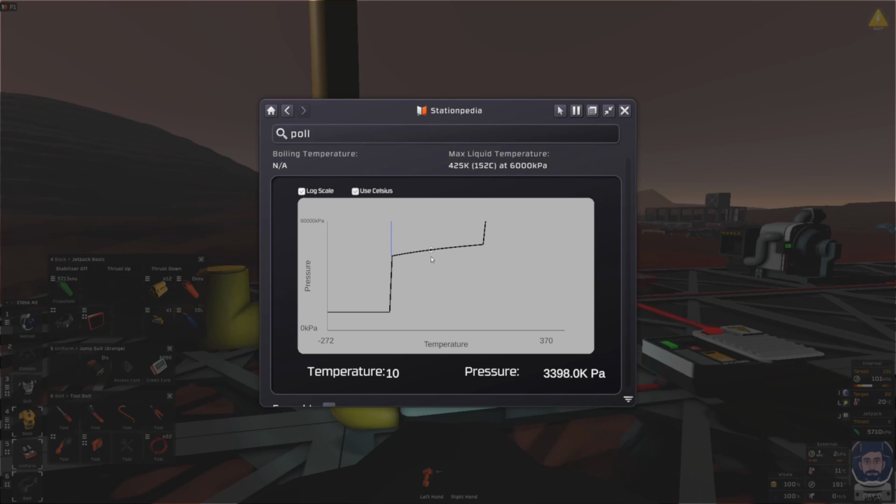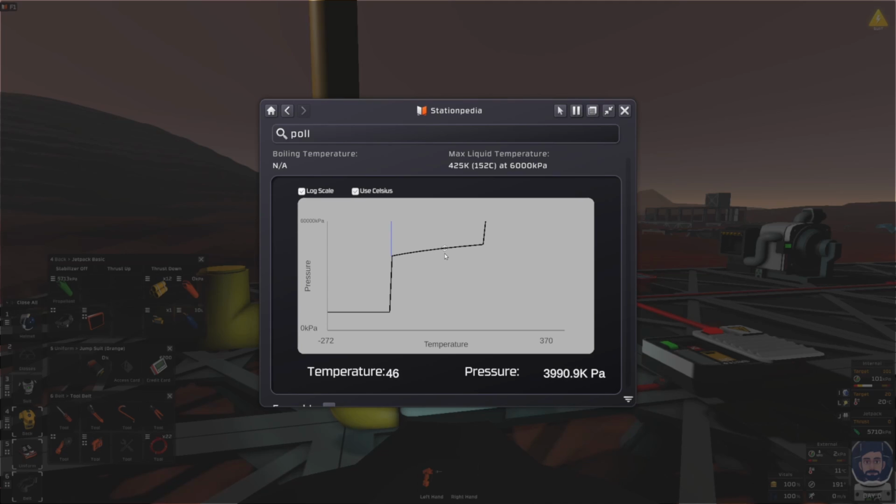So let's say at about 11 degrees Celsius, which is our current atmospheric temperature, pollutant will be a gas below 3.4 megapascals. You can see that in the bottom right. Above 3.4 megapascals, it will turn into a liquid.